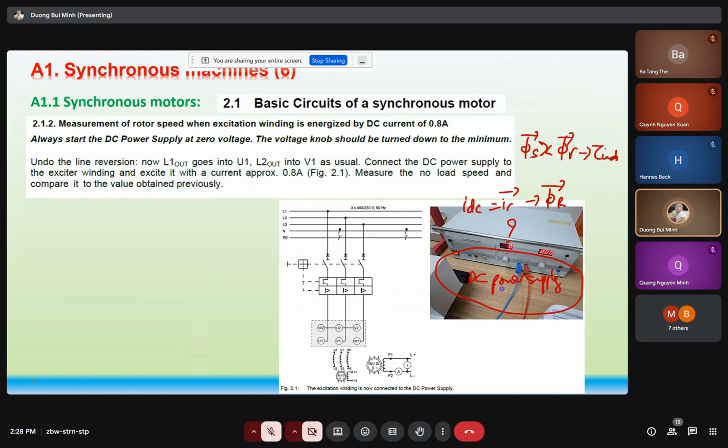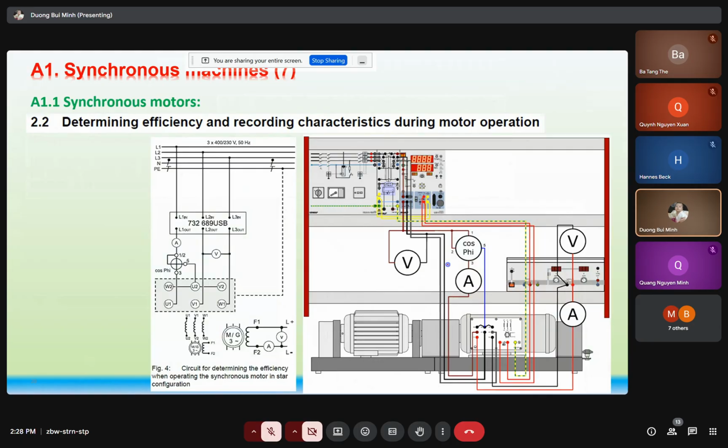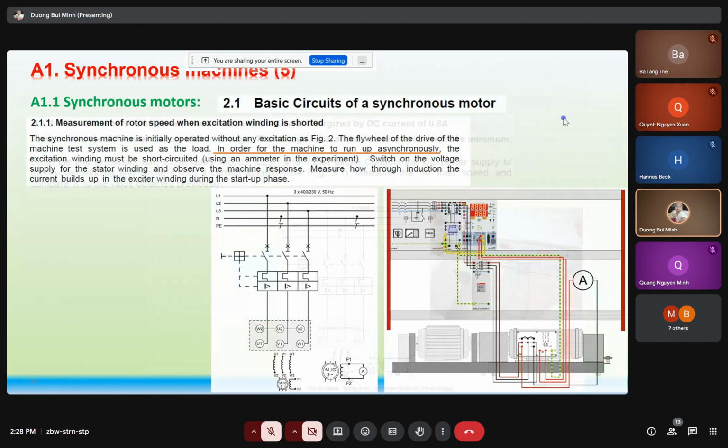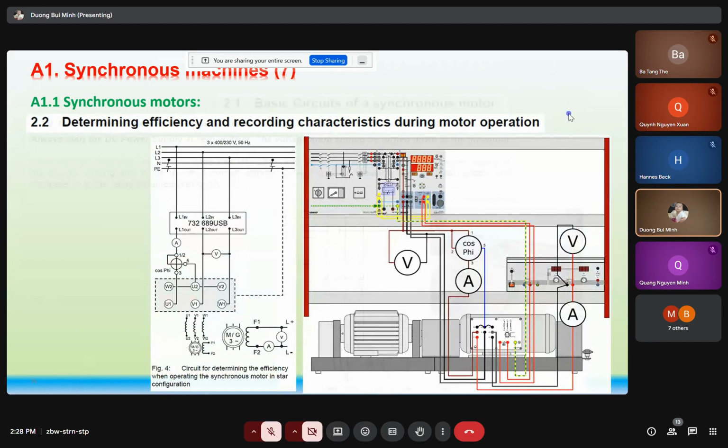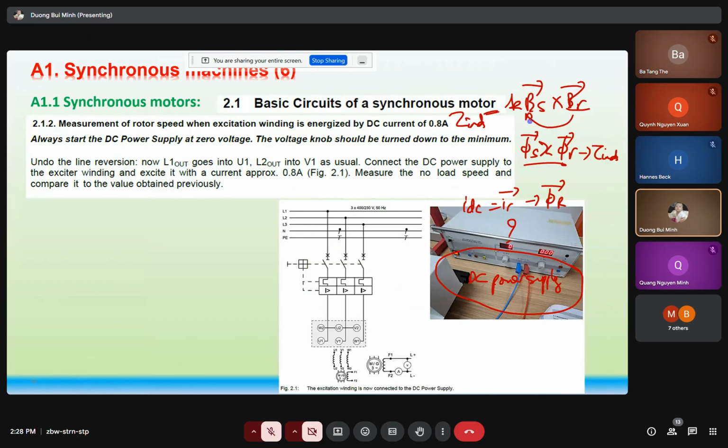We discuss the theory about this one. Or we have B_S cross B_R, okay, K B_R cross B_S, you can get induced torque.